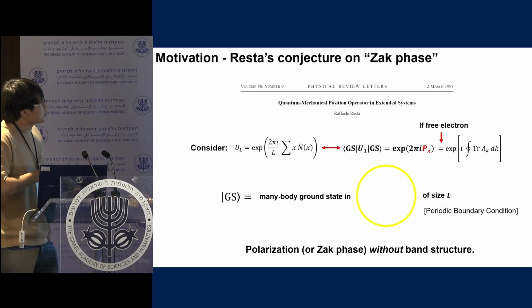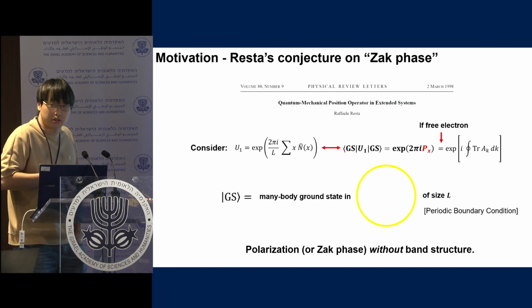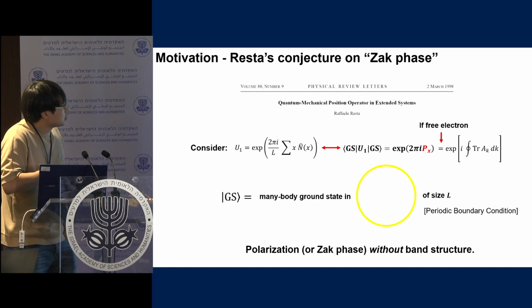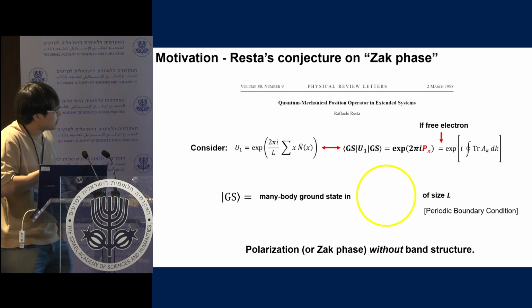What he conjectured is that you can calculate the polarization using the ground state, which is actually the many-electron ground state prepared on a ring of size L, with periodic boundary conditions. And then if you take the overlap with a certain unitary operator, which goes like e to the i 2 pi x over L times the number operator, then you get the polarization.